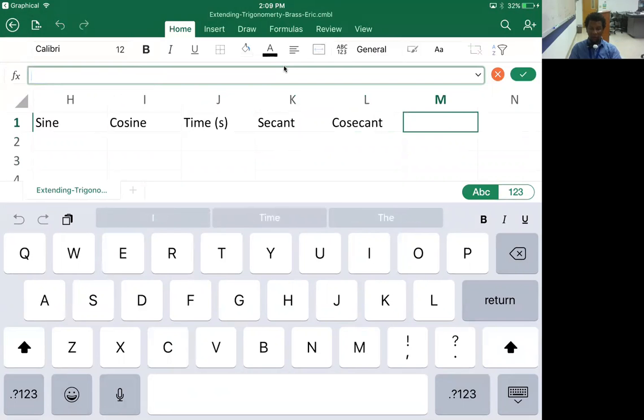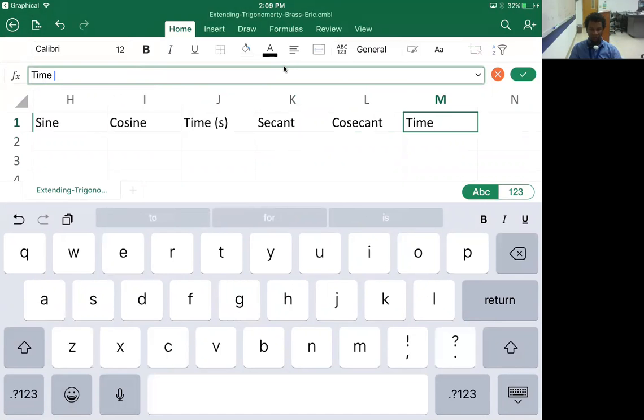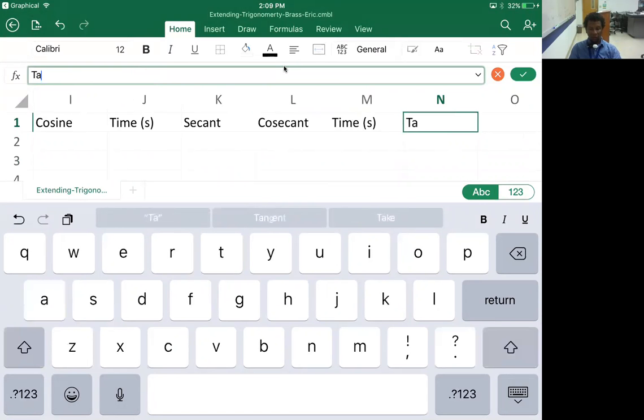Then we're going to do time again. And this time we're going to do tangent. So this is tangent, and this one is cotangent.